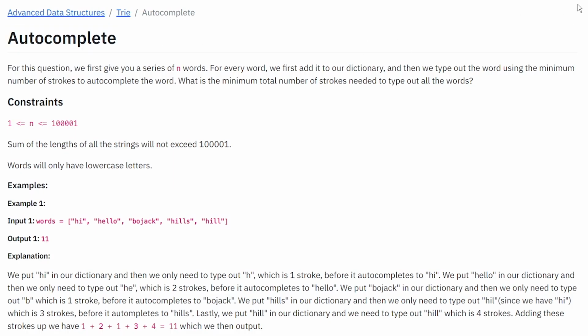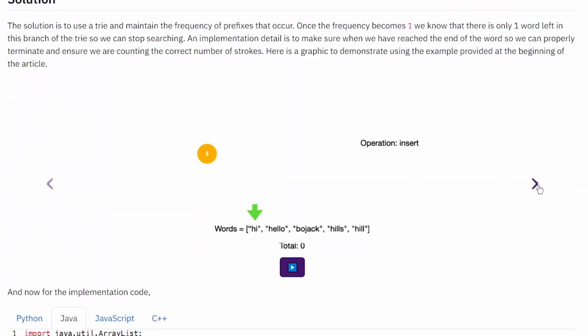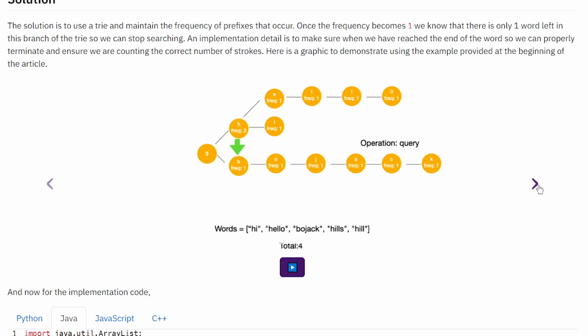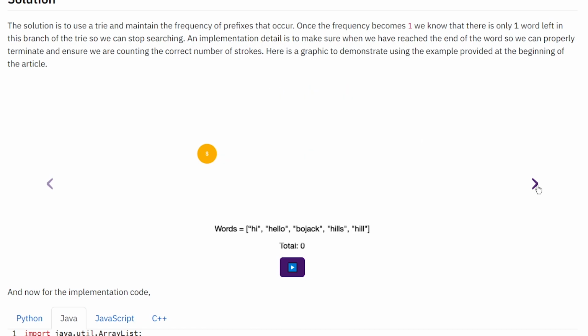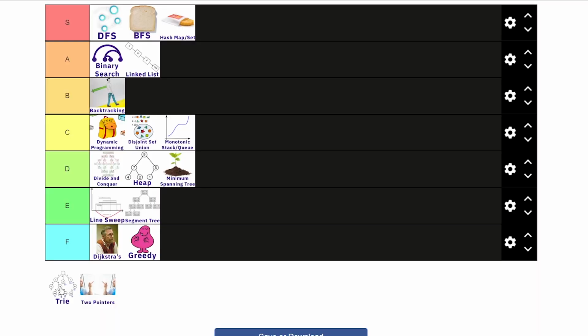What if I wanted to do some kind of autocomplete, where I check whether a word exists based on a prefix? If I have the word hello in my trie and I type in HE, I want to see which words exist with the prefix HE. So this is called the prefix tree or trie.